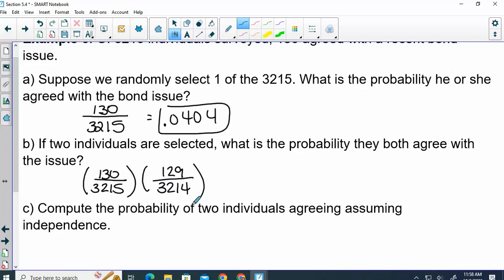Okay. I'm going to leave a few extra decimal places this time. 0.001623.